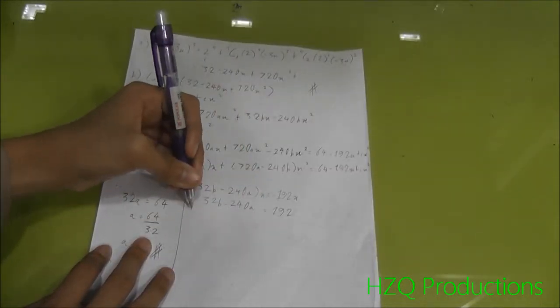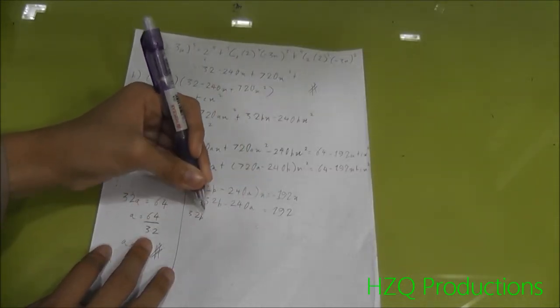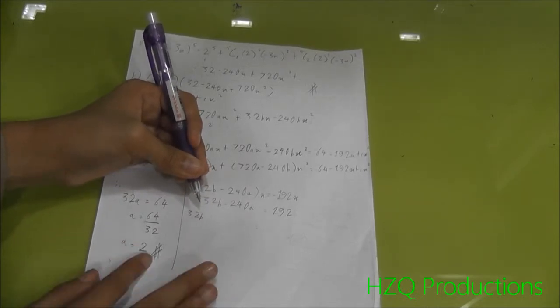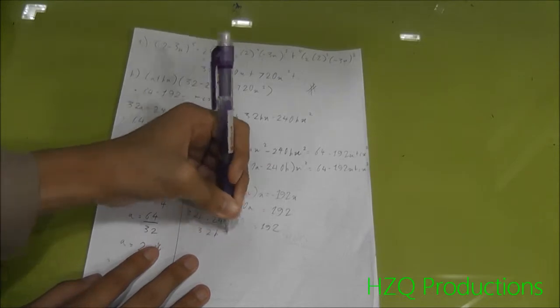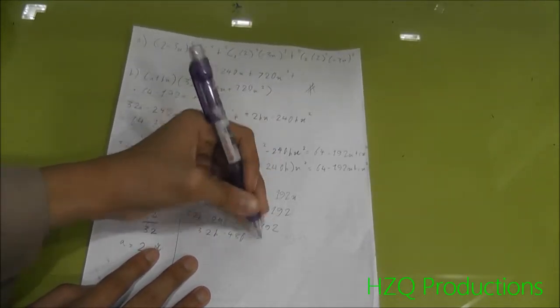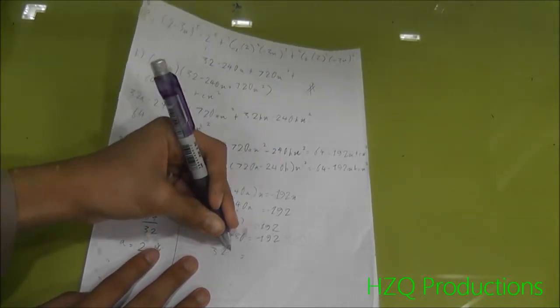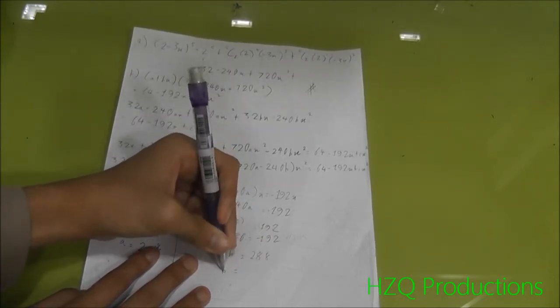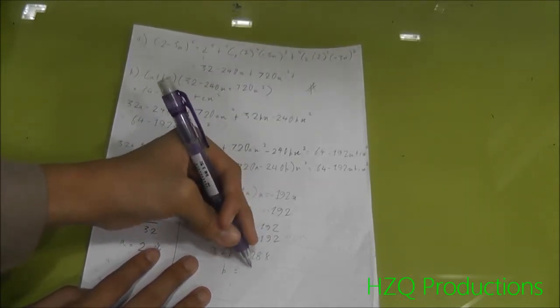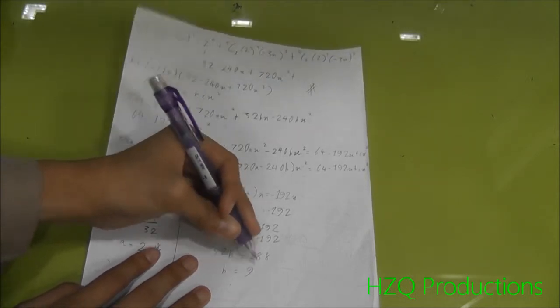Now you can substitute the value of a into this equation. You can substitute your answer of a into this equation. Then 32b equals 288, and b is 288 divided by 32. You should get 9.